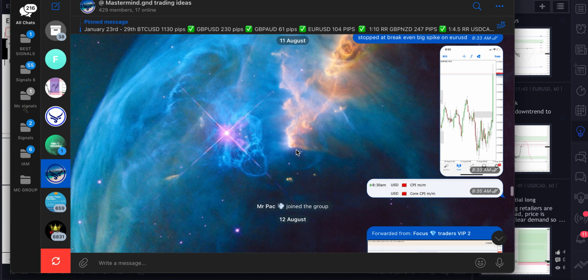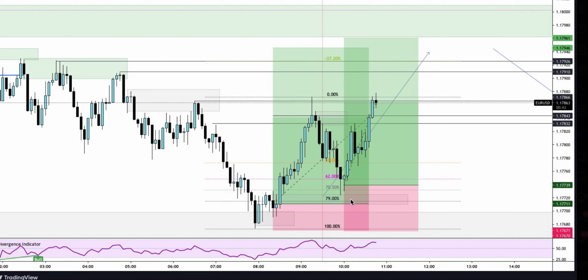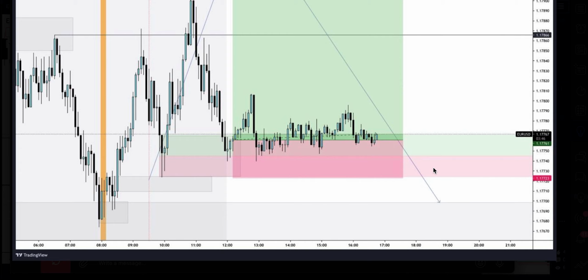We got in here and some deeper analysis, obviously, and we expected it to break down at the top if you're following the arrows, right? We wanted it to continue, but that's when it went into after New York session, so basically consolidated until London session.